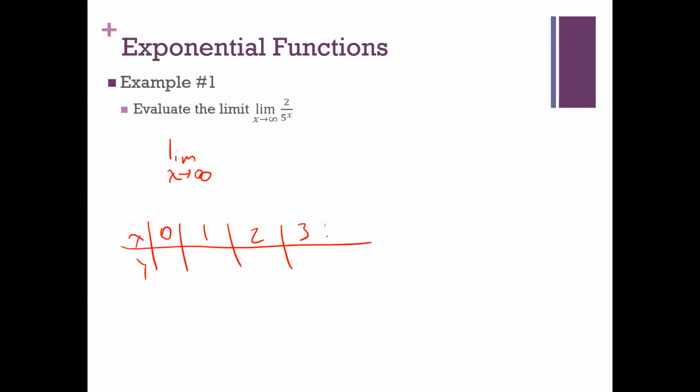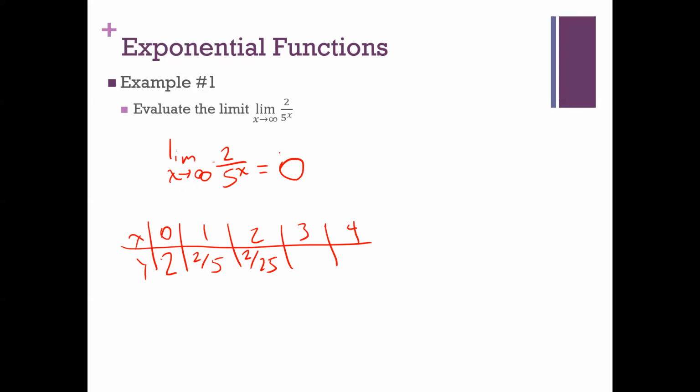When x equals 0, y equals 2. How about 1? Is the limit going to approach 0 as it approaches infinity? Maybe. What do y'all think? So yes, the limit of this function as x gets really, really large is 0.